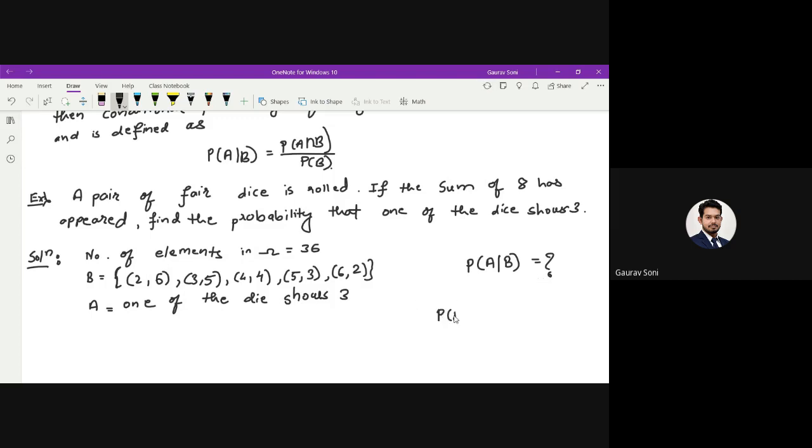By our formula, probability of A given B is equal to probability of A intersection B upon probability of B. So here A intersection B is equal to 3, 5 or 5, 3.